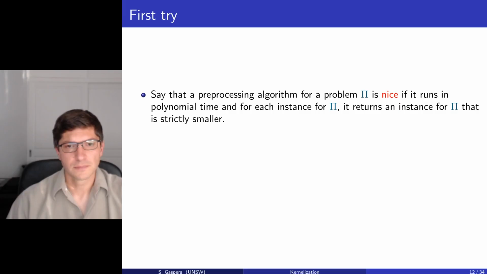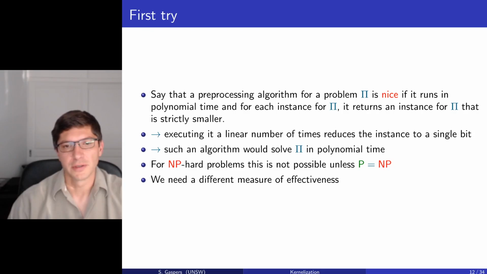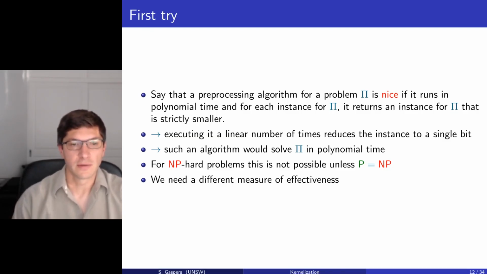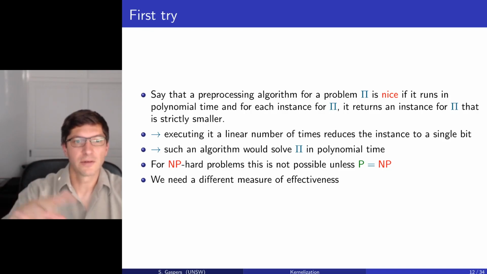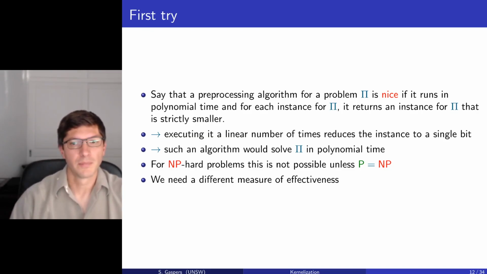But this turns out to be not a very good definition, because now executing this pre-processing algorithm a linear number of times will reduce the instance to a single bit, which encodes yes or no. So if we take this polynomial time algorithm and execute it a linear number of times, we would solve pi in polynomial time.